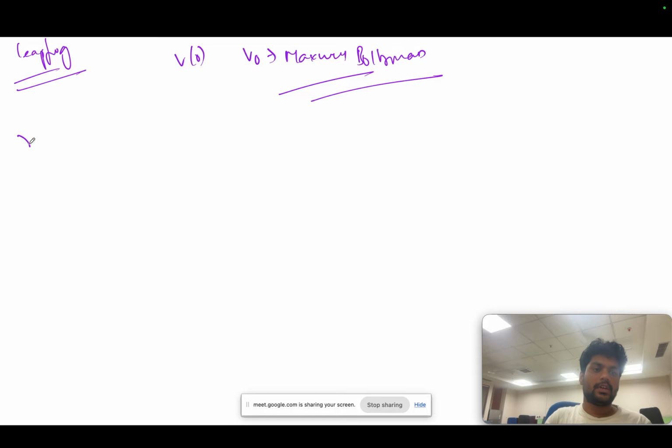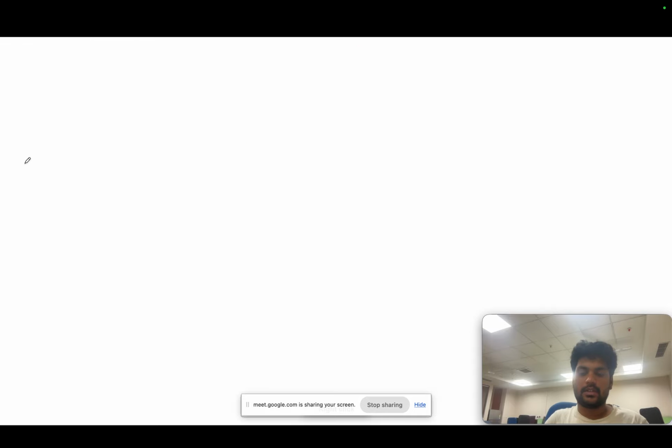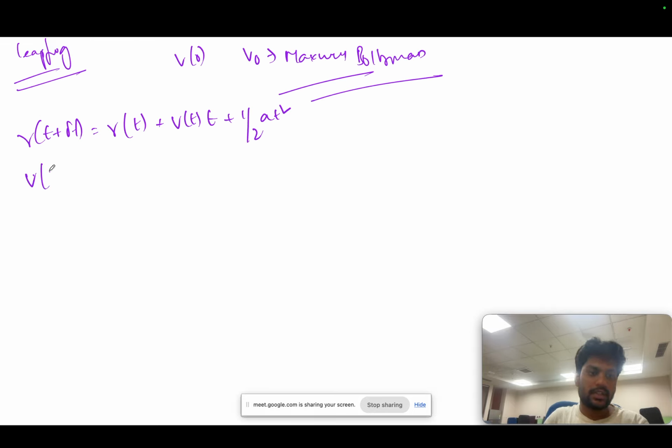Then he has taken the same thing to go forward, to get the new equation. The formula is r of t plus half of a t square, and then he has taken the velocity at a very small step, so he didn't go for very big steps. We know the formula of v of t equals v naught plus a of t.